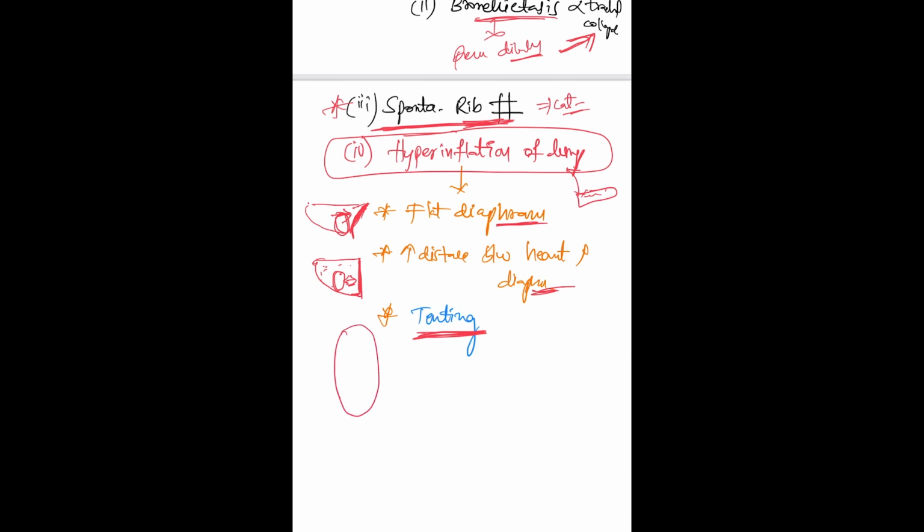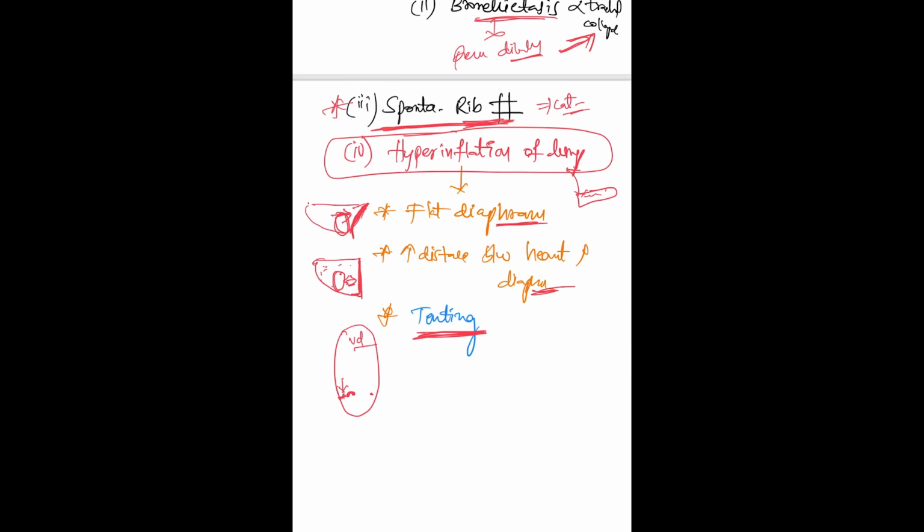One more important thing you should remember is the tenting of the diaphragm. This can be seen on the ventrodorsal X-ray. Since the diaphragm has attachments with the costal cartilages, the costal attachment of the diaphragm will be stretched because of the pressure. That will be manifested in the form of tents, like this.